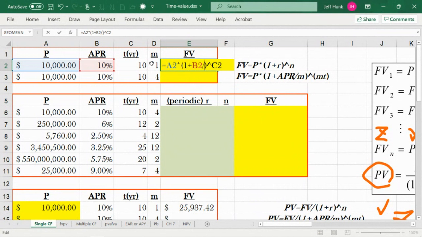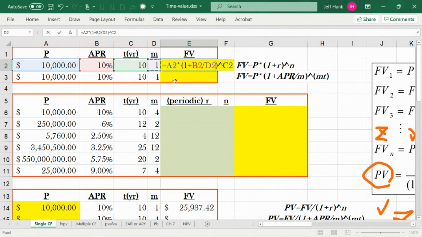For example, M is 1, so compounding is once a year. There's no change because you're dividing 10% by 1. It will still be 10%. So there's no harm, right?